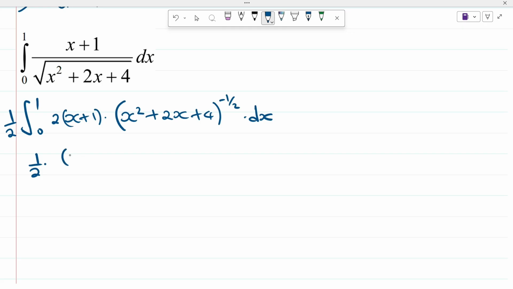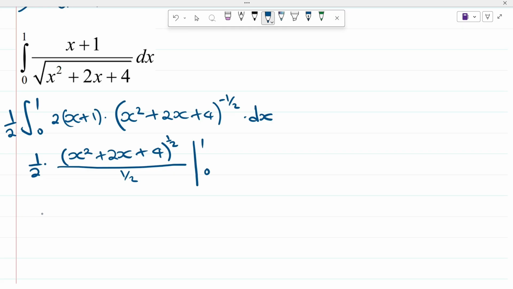Then I apply my general power rule. This is going to be x squared plus 2x plus 4 to the power of negative 1 over 2 plus 1, that's positive half, divided by half there. Then I put my limits, 0 to 1. From here, I can say that 2 and a half will multiply each other to form a 1.